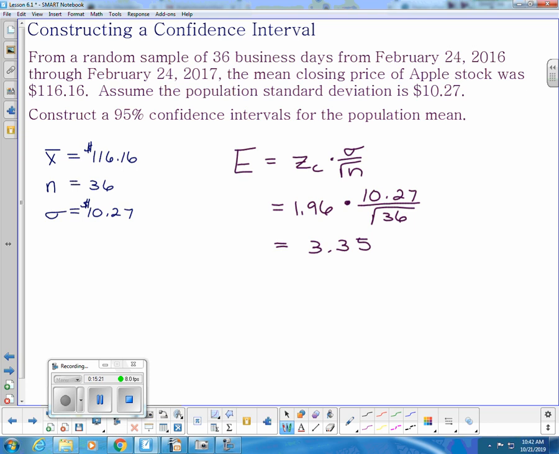So we are sitting at 116.16. We are going to go this way by adding 3.35. We're going to go this way by subtracting 3.35.